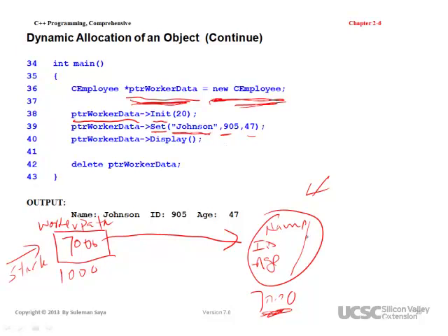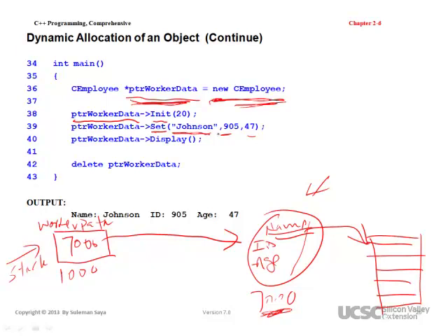So the init function literally will have an array that we saw when we were drawing it. This name will be pointing, because name is what? It's a pointer variable within the object, so it's pointing to the first element of an array.